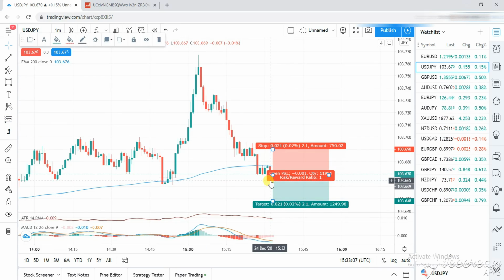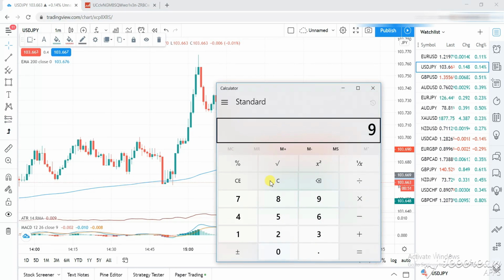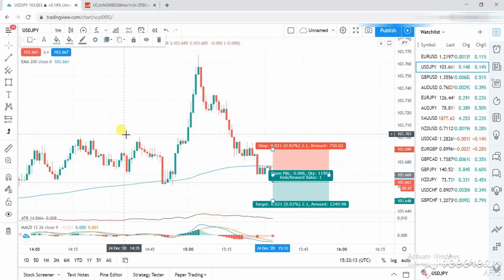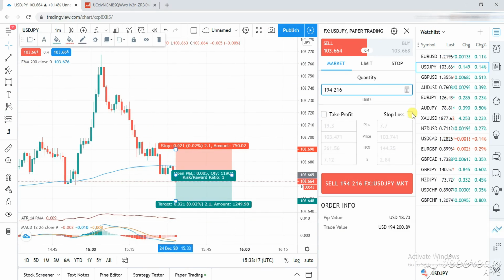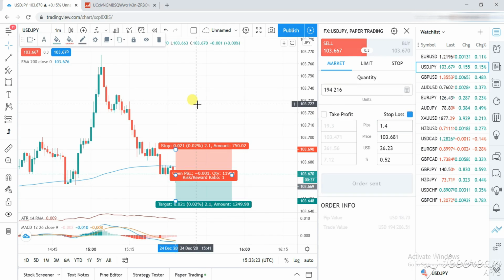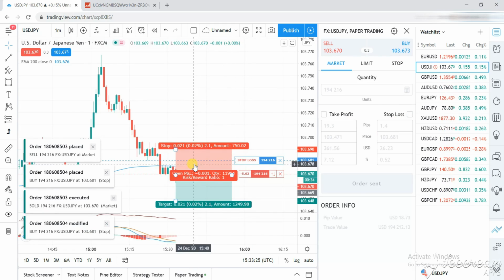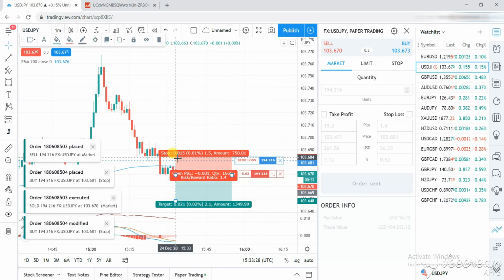ATR 9, so 9 times 1.5 is gonna be 13.5. So that's a 14 pip stop for a sell. Not 14 pip, like a 1.4, I meant to say. I keep making this mistake. 1.4 pip stop.